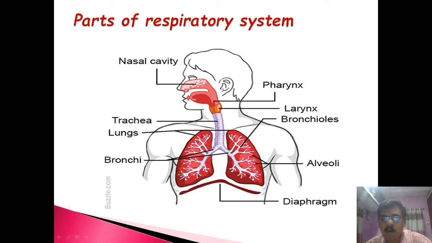So these are the different anatomical parts comprised in the respiratory system, and the important part, that is what? The diaphragm, which separates the respiratory cavity from the abdominal one.